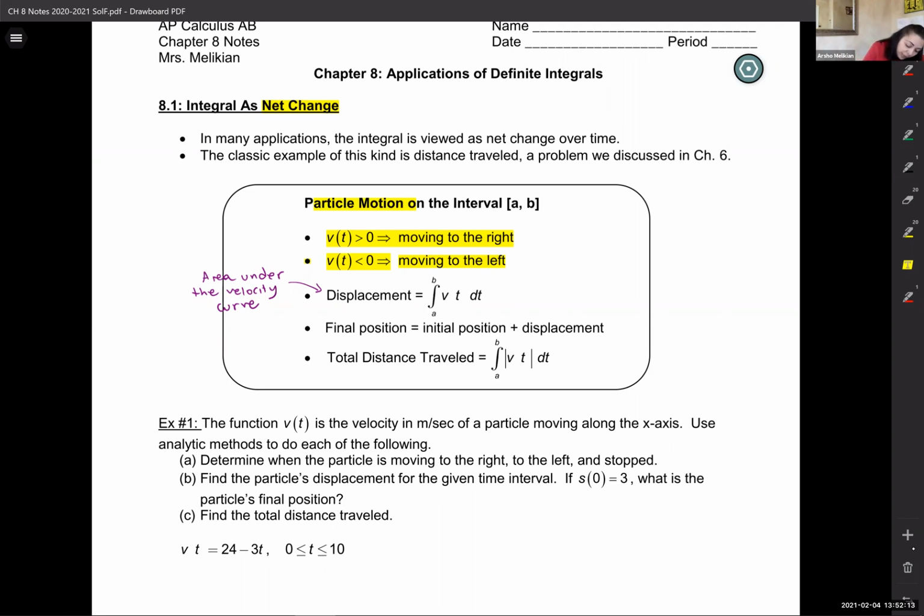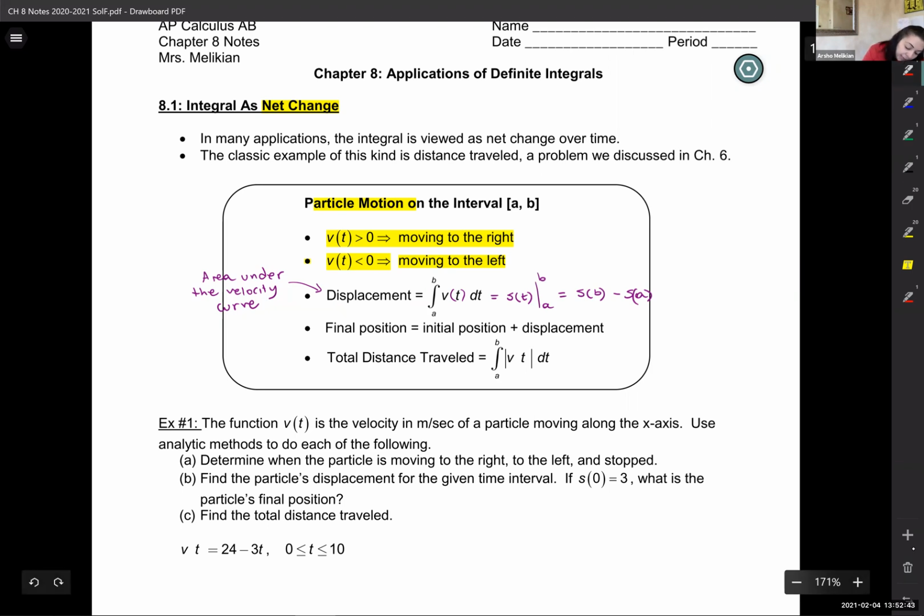Displacement is the integral of v of t dt. And when I take the integral of velocity, I get position, which is s of t. That's evaluated from A to B, which means this is s of B minus s of A. And now look at that.